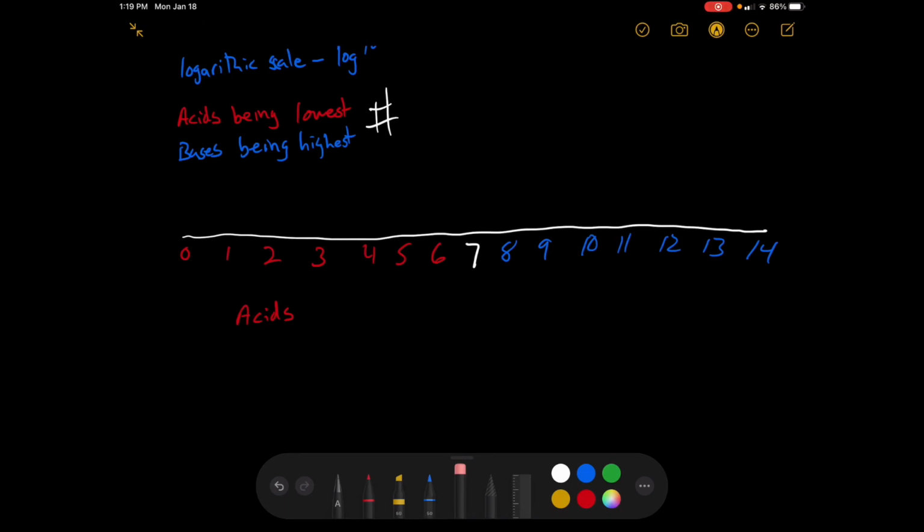And as you go up the scale, it's going to increase in basicity, or it's becoming more alkaline.